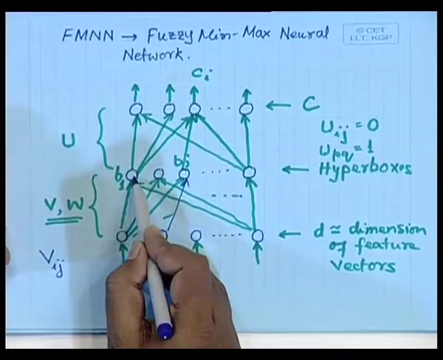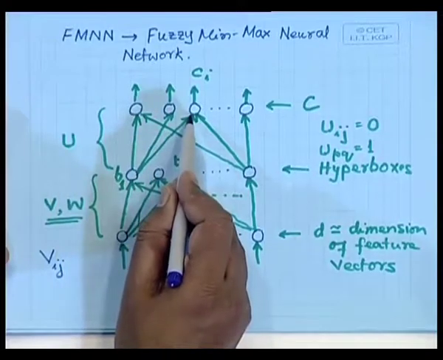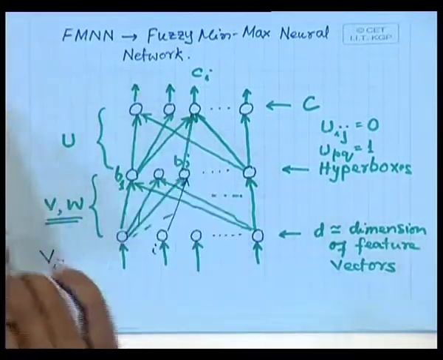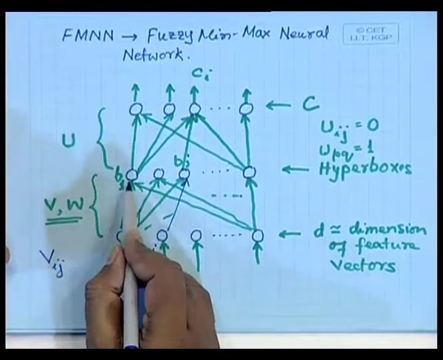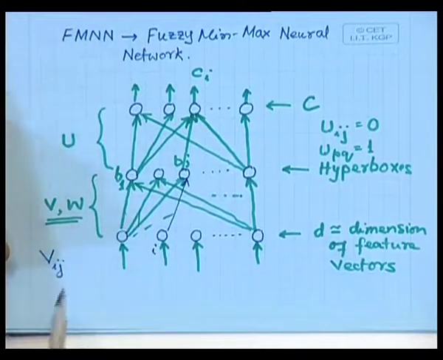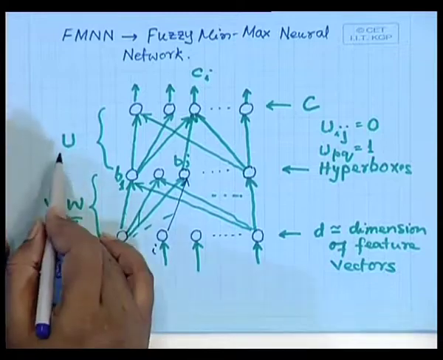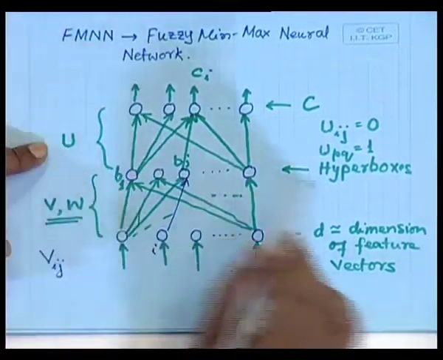I also have to establish the connection from this created hyperbox to one of the nodes in the output layer. So, if the first point that has been taken belongs to class C1, I will make the corresponding entry in the U matrix equal to 1.